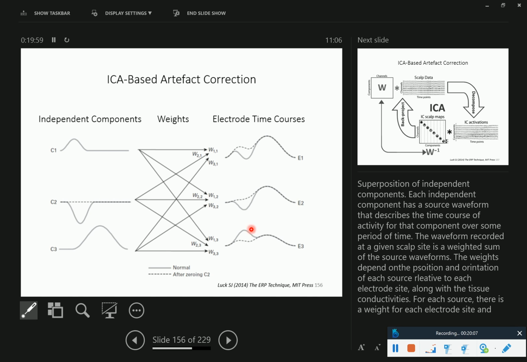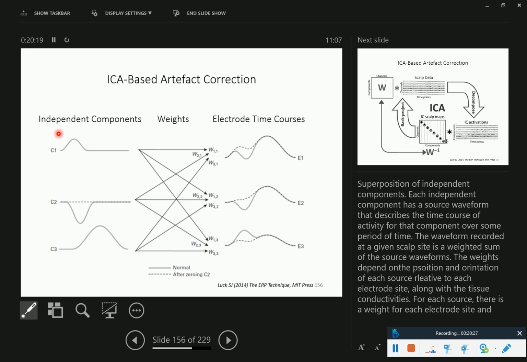Now, the idea of ICA is that what you see on the electrode level is actually a linear weighted combination of some latent components which are independent in a specific sense, which we'll get to.